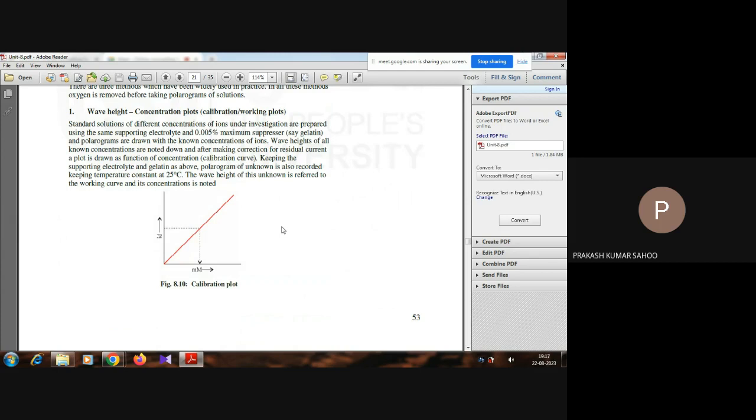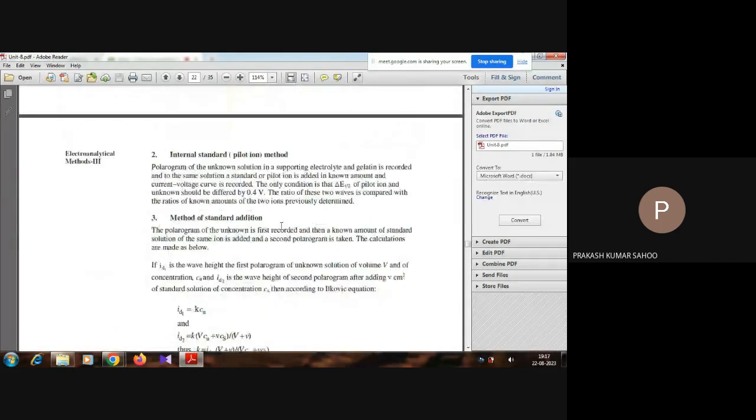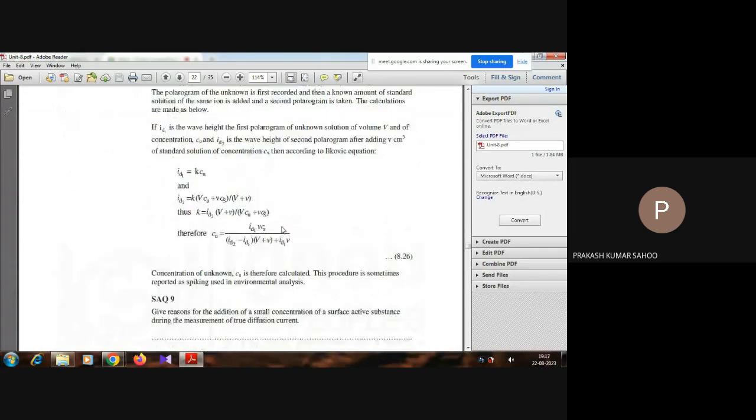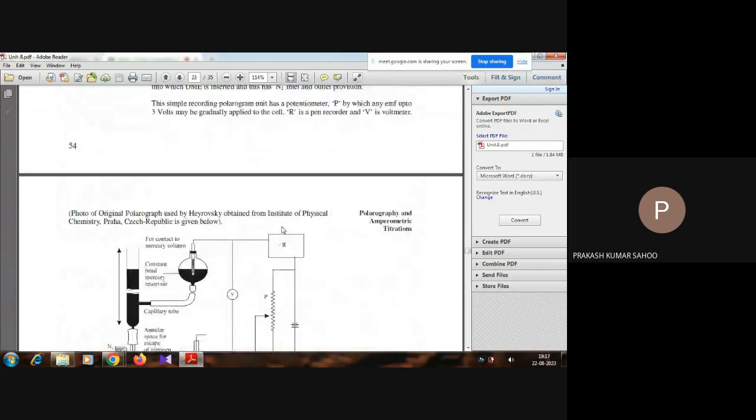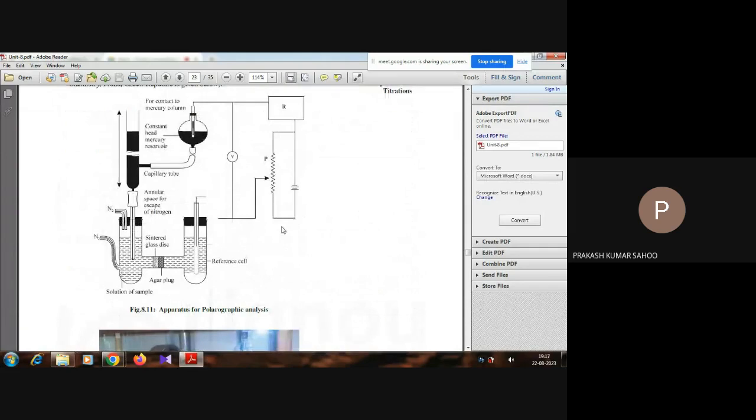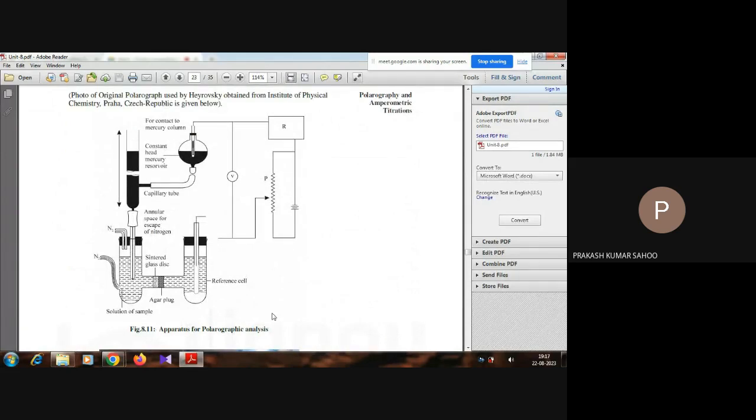Then wave height, just go through these things. Internal standard method of standard addition. Then how the instrumentation of the polarogram works. For instrumentation we have a mercury column here, a constant head mercury reservoir here, and this is the mercury capillary tube.